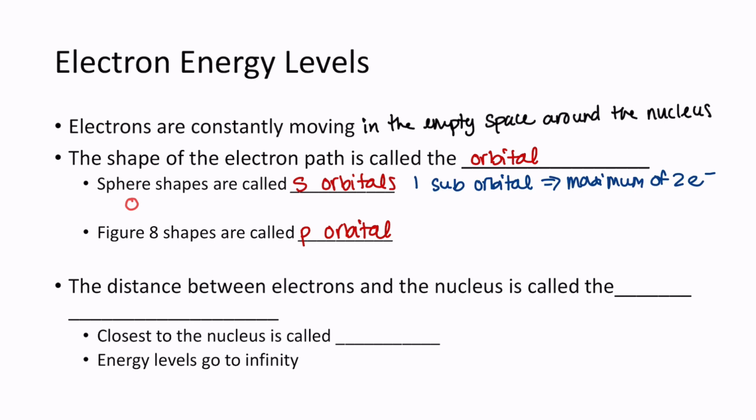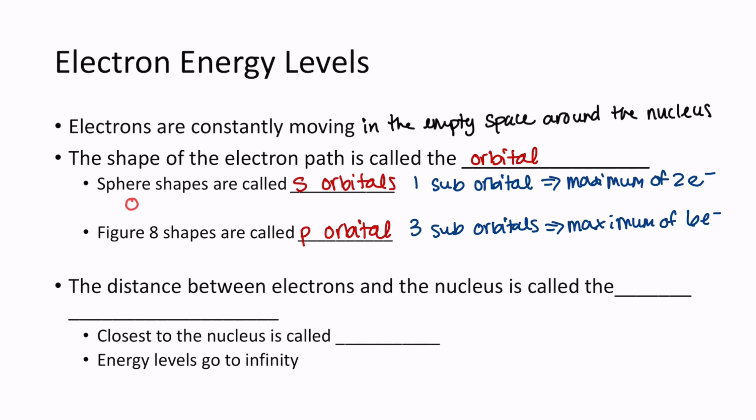The p orbital has three suborbitals. And since we can fit two electrons in each orbital, that means we can have a maximum of six electrons in the p orbital.